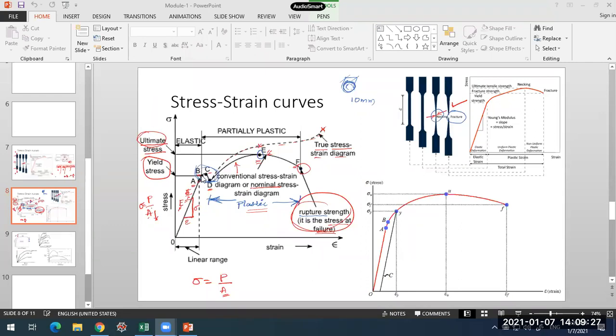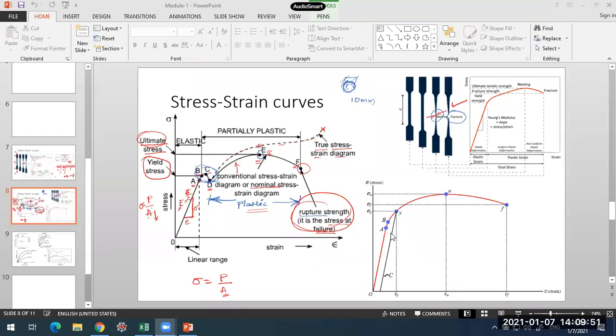We have the upper yield point and lower yield point in case of a mild steel specimen. In case of the brittle material, high carbon steel, you will not find that upper and lower yield point. That will not be clear here. We will not be able to see the yielding clearly here.